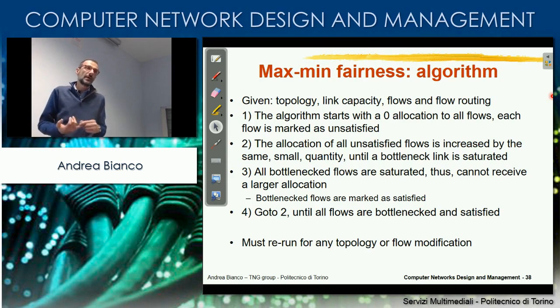Because even if you assume that the link speed is not changing very frequently, even if you assume that the flow routing is not changing very frequently, and both of these hypotheses are reasonable, unfortunately, the number of flows is instead highly variable over even a short time. So that will make it impossible to run an algorithm like that in a practical real network. Okay? So we can take it as a reference system. We know that we would like to obtain something like that, but it's not practical at all. It's just a theoretical solution only.